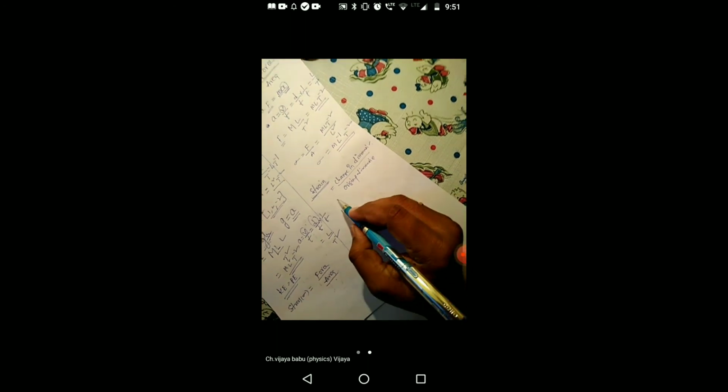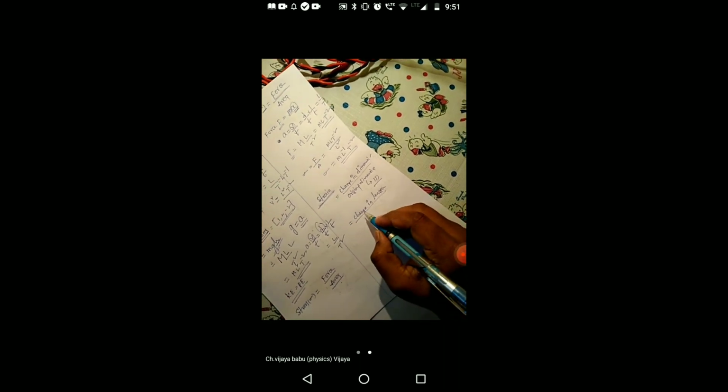Dimension may be 1 dimension, 2 dimension, 3 dimension. What I am telling is, suppose I am taking one dimension, change in length by original length. Change in length by original length cancel, 1 by 1 equal to 1.